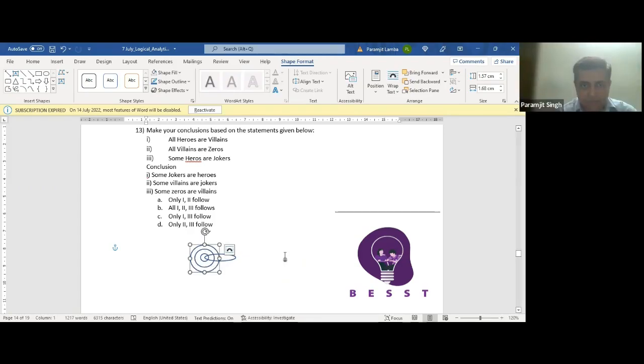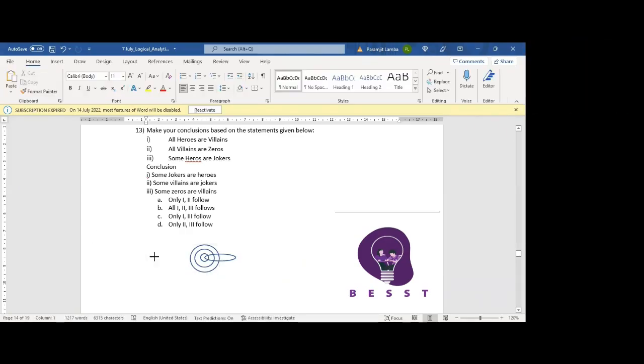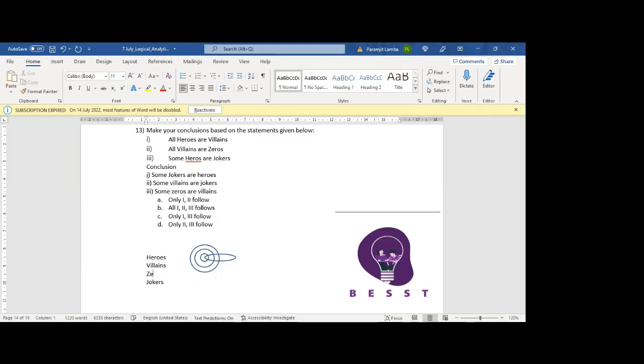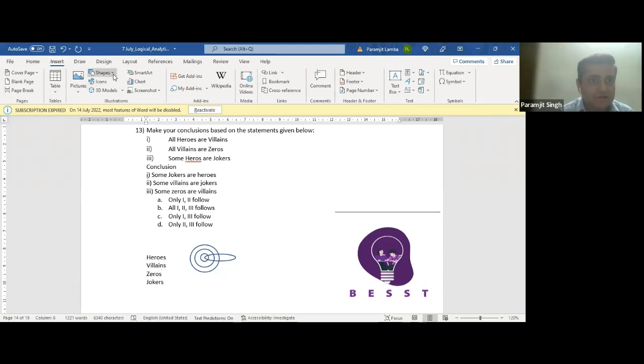Yes, the big circle is zero. Sir, zero or hero? I'll write it over here. We have to write heroes, villains, and jokers, correct? Yes, sir. Now we have to write zeros also. Yes, sir. Okay. Now let me point the arrows so that there is clarity.